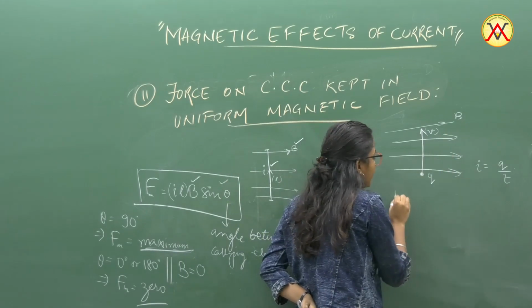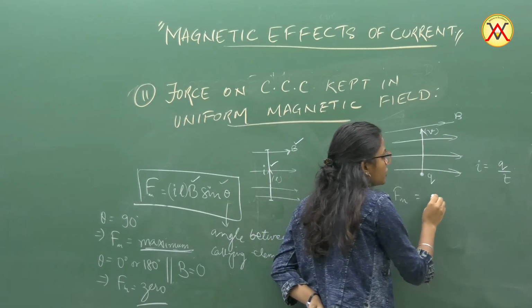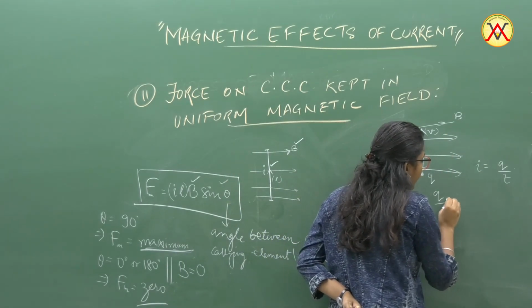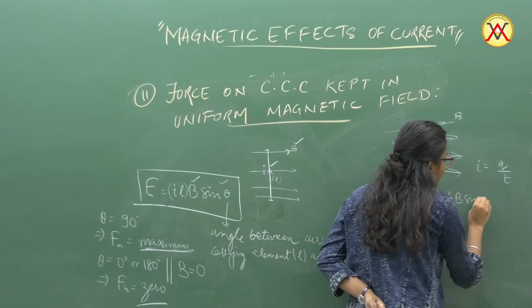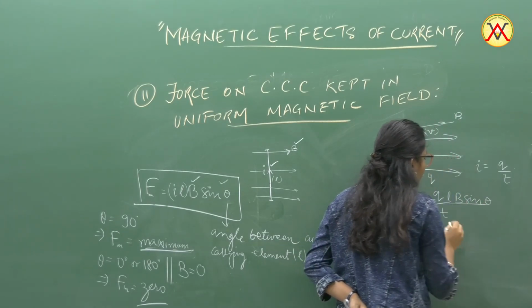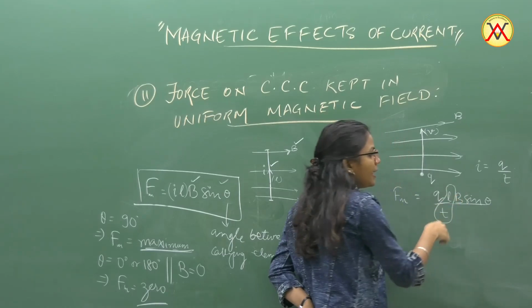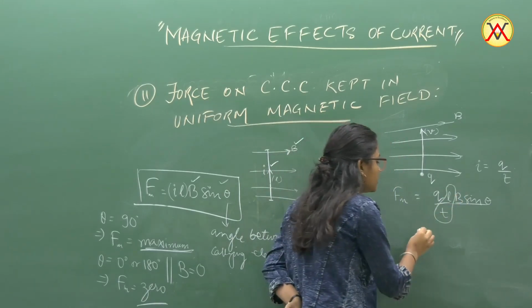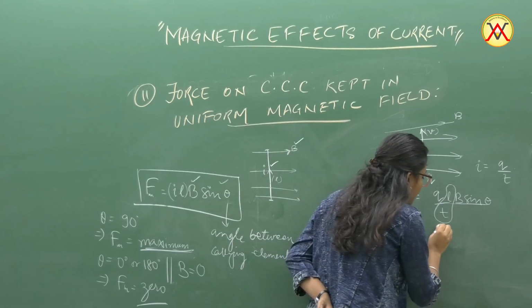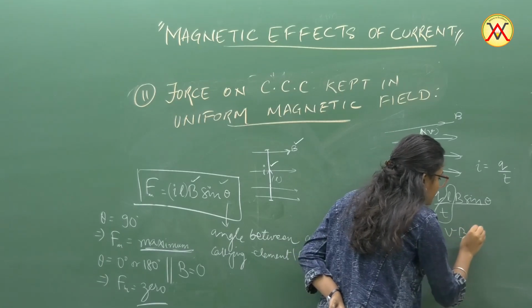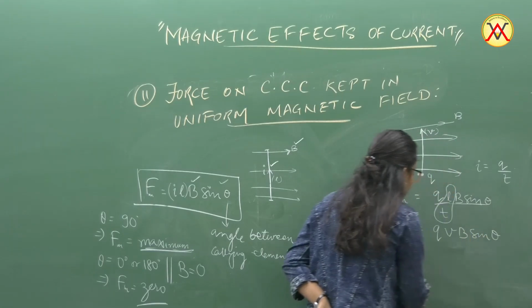If we substitute the value of I, the magnetic force becomes Q by T into L into B into sin theta. Combine these two. L by T is what? Our velocity. This becomes QVB sin theta.